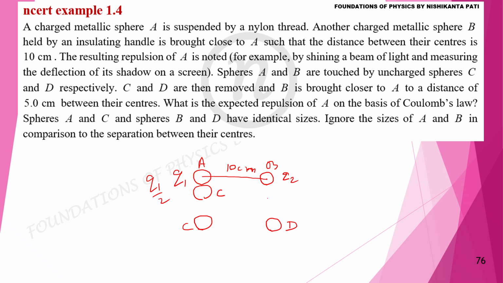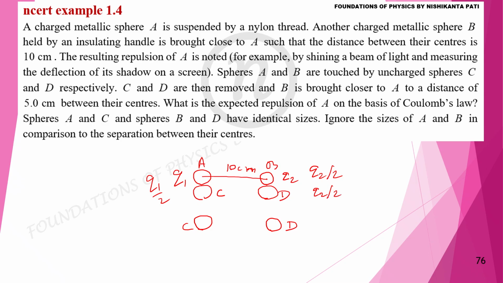D sphere touches B. B charge is shared between B and D equally. So B charge becomes Q2 by 2. D charge becomes Q2 by 2.